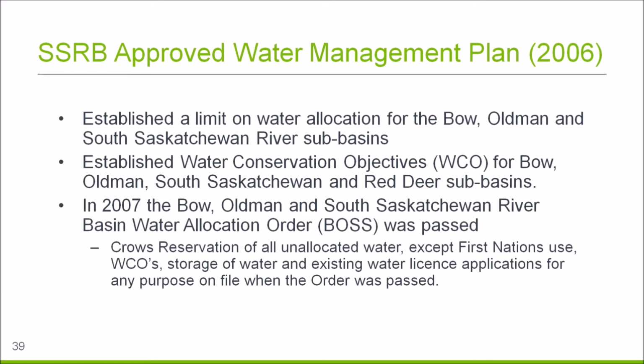And then in 2007, the Bow, Oldman, and South Saskatchewan River Basin Allocation Order was passed, and what happened is that the government reserved those three subbasins so that no new licenses are allocated, except for some uses like First Nation use, water conservation objectives and storage of water, and existing water license applications for any purpose on file when the order was passed.